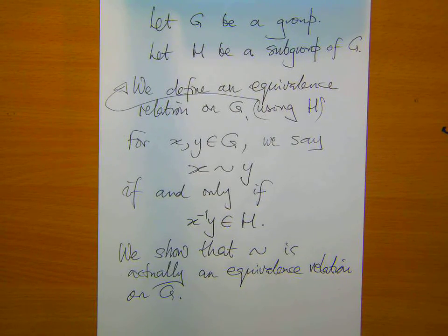We're going to show that tilde is such a relation. Okay, so can anybody remember what properties a relation has to have if it's an equivalence relation? There's a magic number 3 again. There's always a magic number 3. So which 3 properties does an equivalence relation have to have?